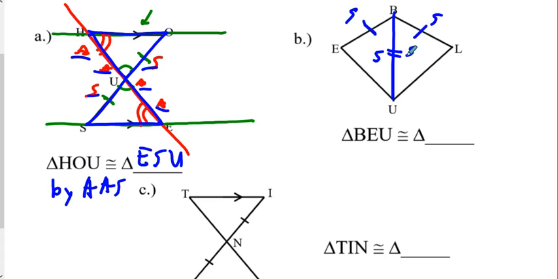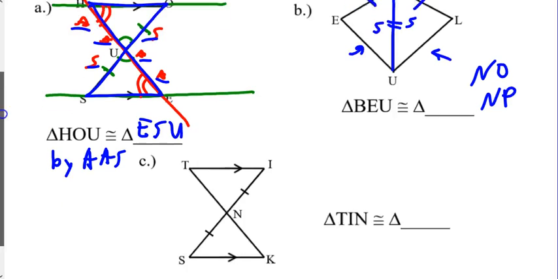The problem is we don't know anything about EU or UL, and we don't know anything about EBU or LBU. We would need this angle and this angle congruent for SAS, or this side and that side for SSS. Okay, we don't have that, so it's no, or not provable.